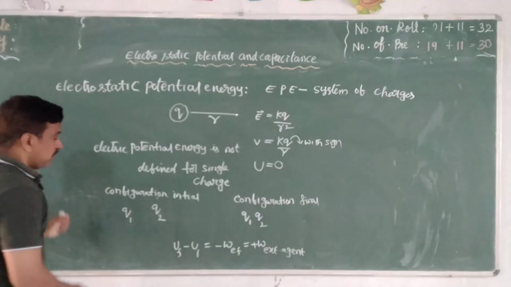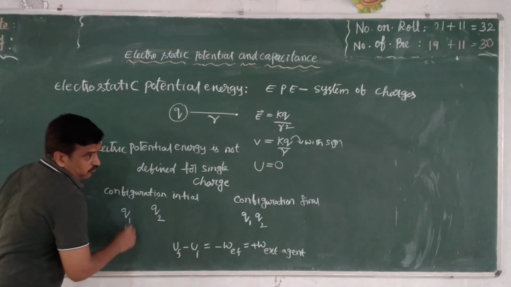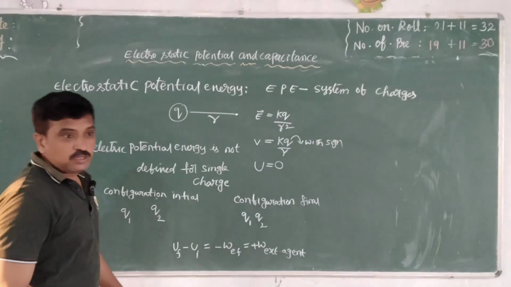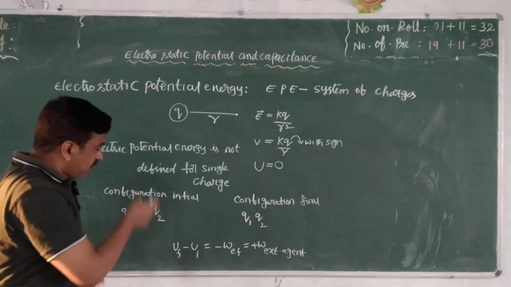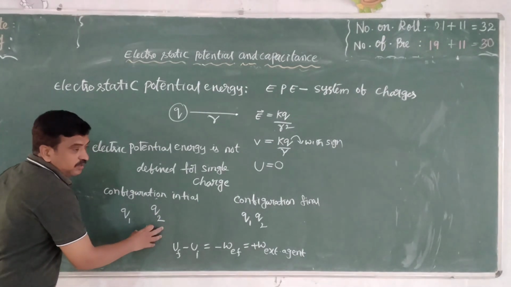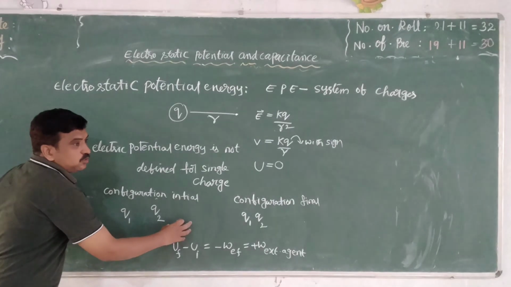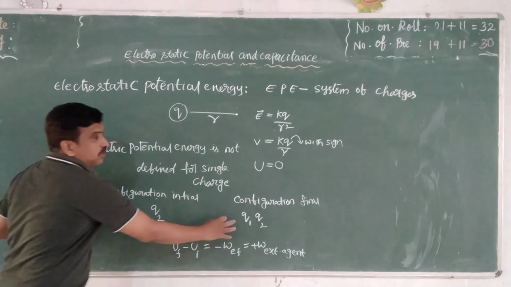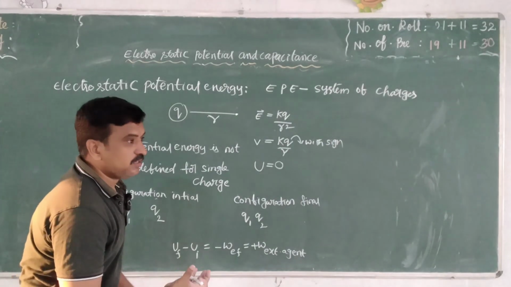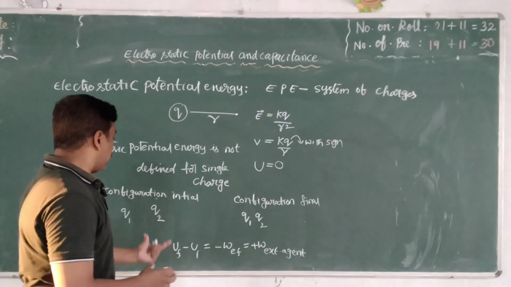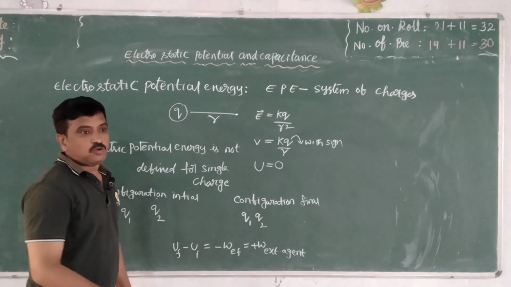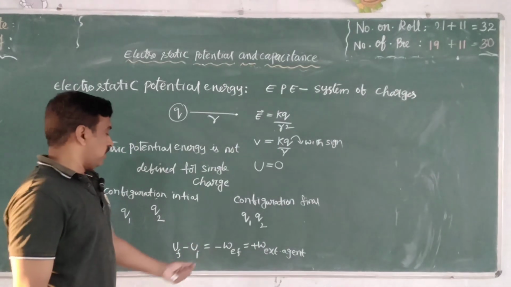The internal force is the electrostatic force. Because of it, either attraction or repulsion changes the position from here to here. When force is acting there is some displacement, so work is done. For example, if it is 20 joules or 30 joules, we can keep the minus sign.